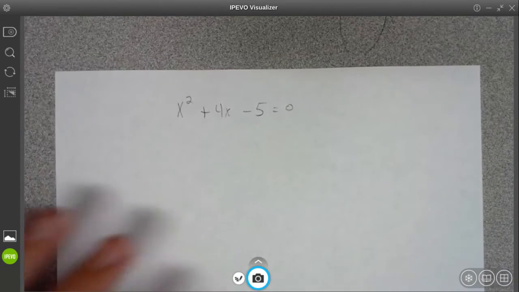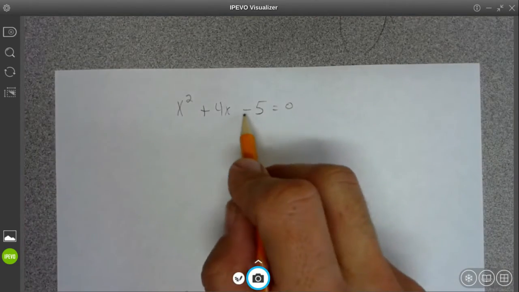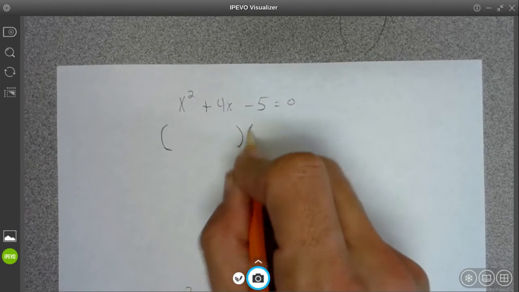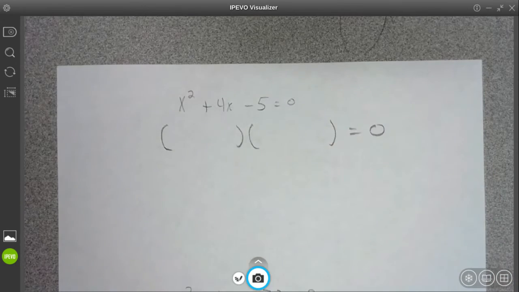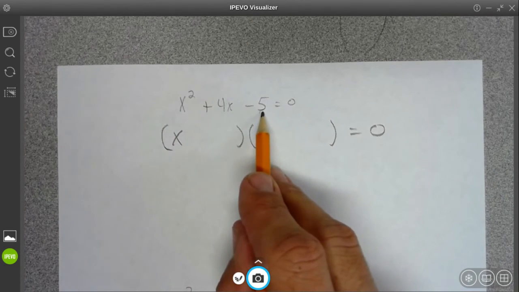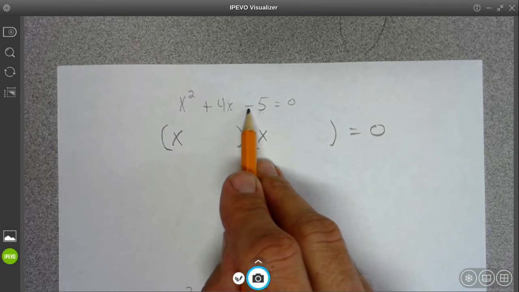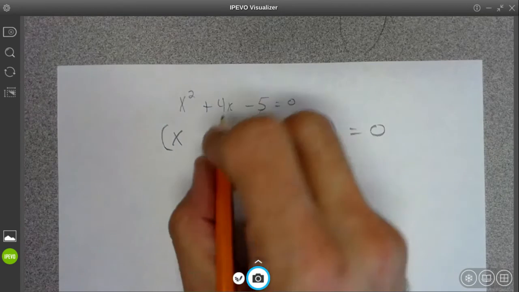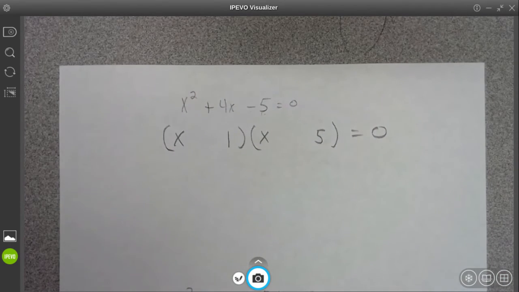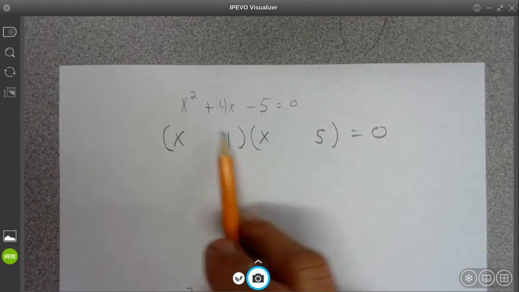We've got time. This one's going to be different signs because it's a negative. Try to factor it real quick. Two numbers that multiply to give you 5 and subtract to give you 4. Well, it's got to be a 1 and a 5. The order doesn't matter here, but the signs do.